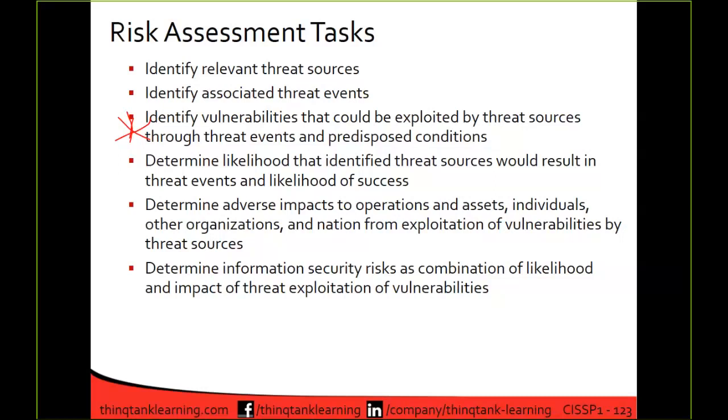Right? Our predisposition. Determine the likelihood that the identified threat sources would result in threat events and the likelihood of success of that particular threat vector. Likelihood is very important to define because when you're prioritizing your threats, generally speaking, you're going to prioritize your mitigation techniques, your response method to those threats, based on the likelihood that it's going to occur.